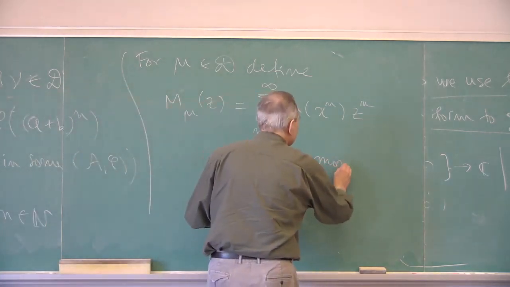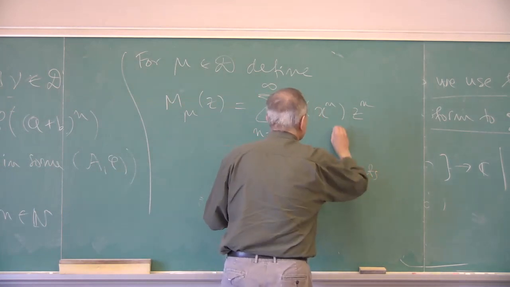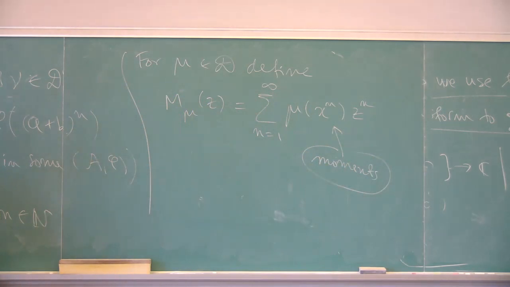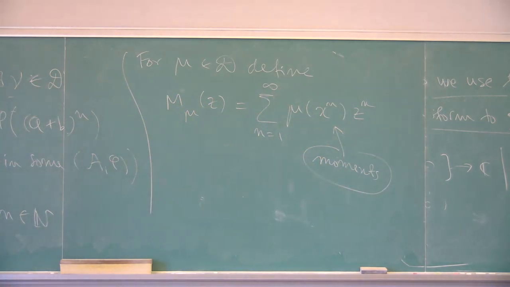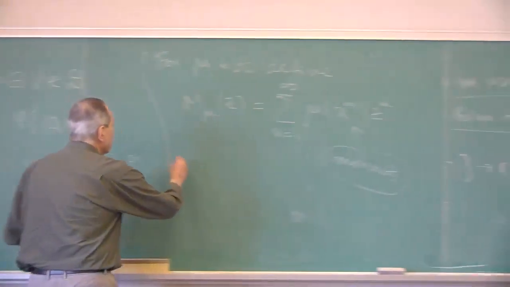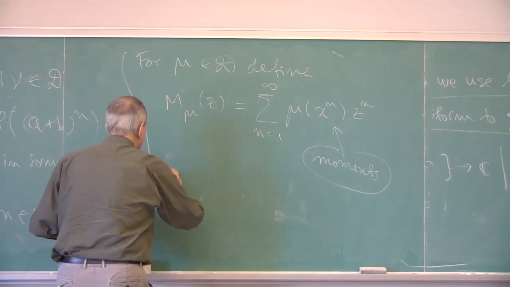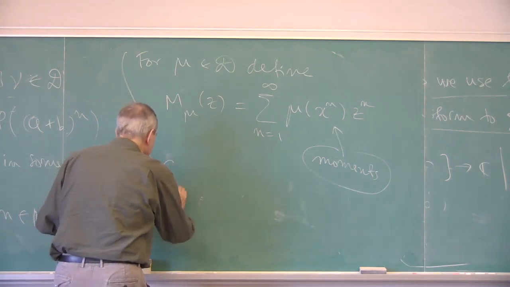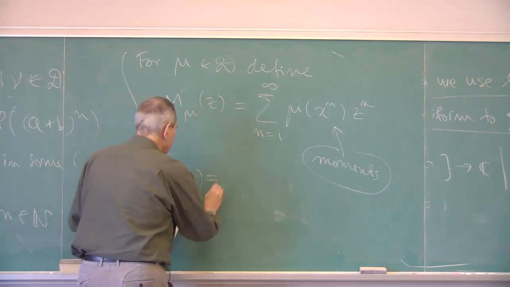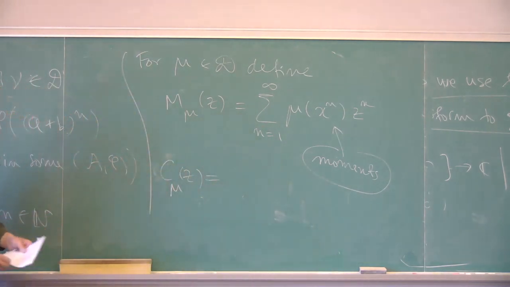These are the moments of mu, and of course they are the same as the moments of the A which represents mu. Then if you take the free cumulants of this A, you get a series. I'll call it C, so that I don't disagree with how the R-transform is defined.